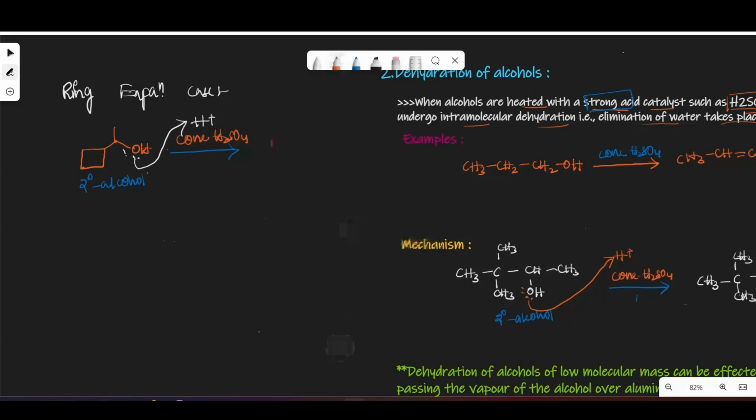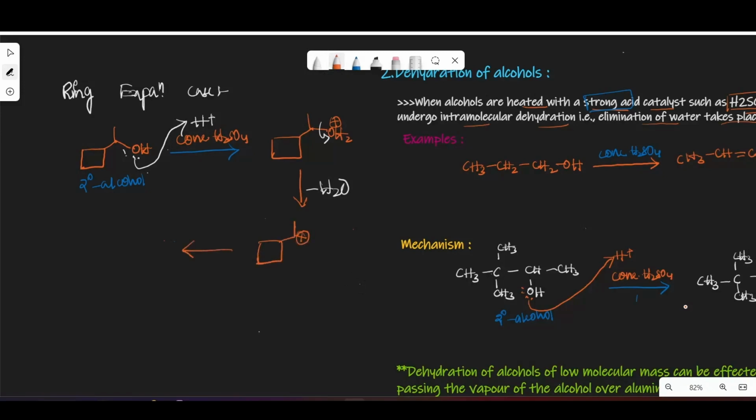Then it will form OH2 positive, and we know that water is a good leaving group, so it will leave as water. Then a carbocation will be formed at that carbon, positive.